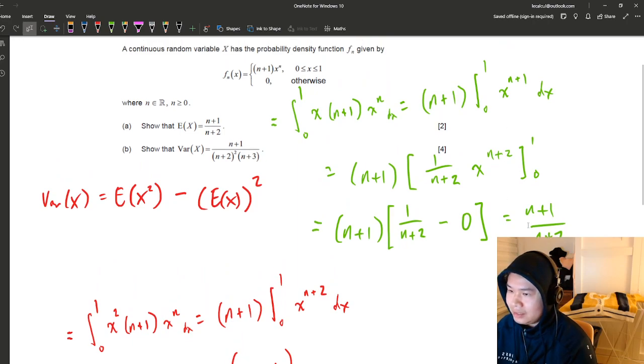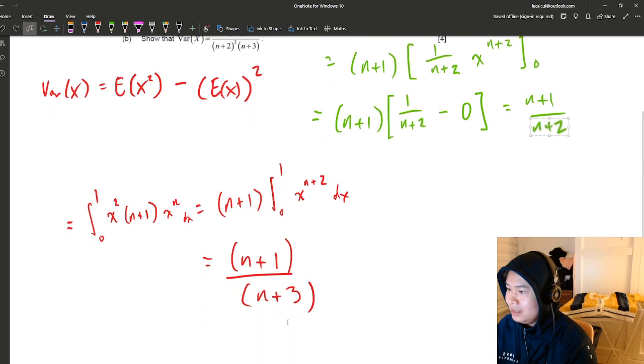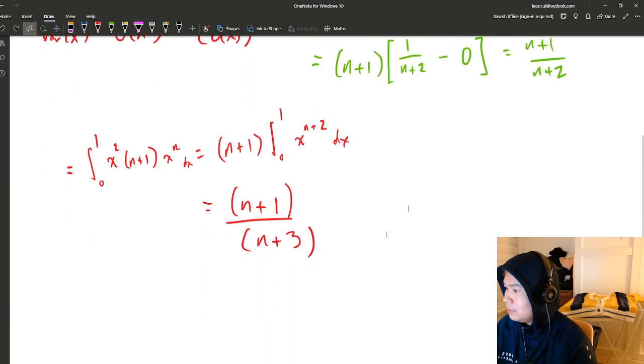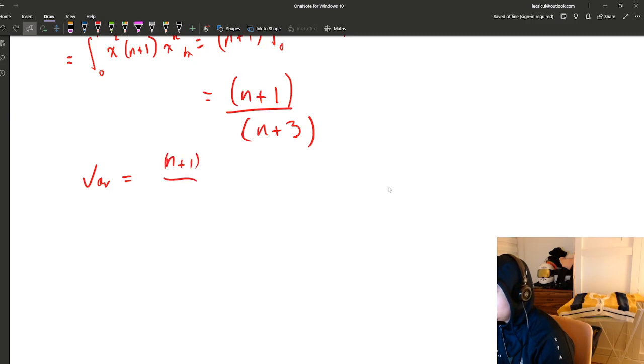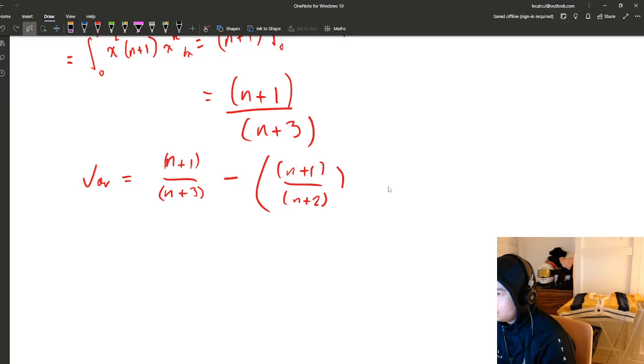Yeah, instead of n plus 2 from the n plus 1, we now have n plus 3 from the n plus 2. Okay, so that means that my variance is going to be n plus 1 over n plus 3, I think it was a minus, n plus 1 over n plus 2 squared.